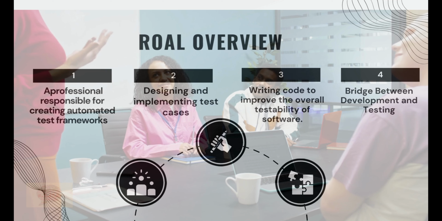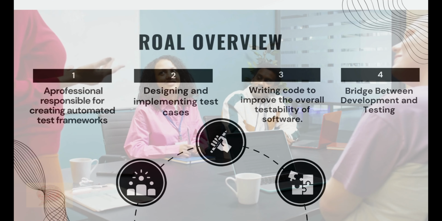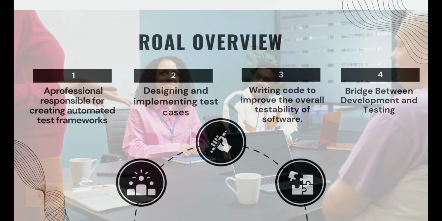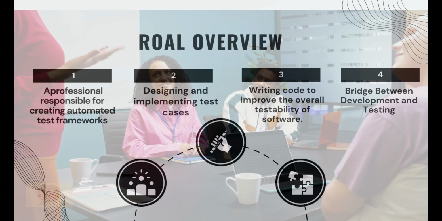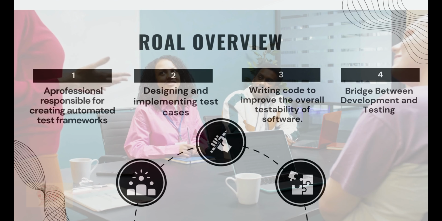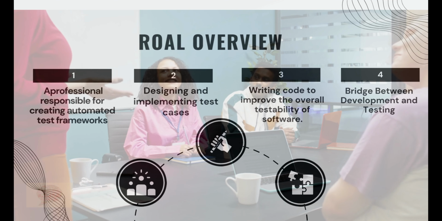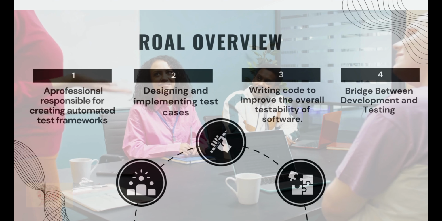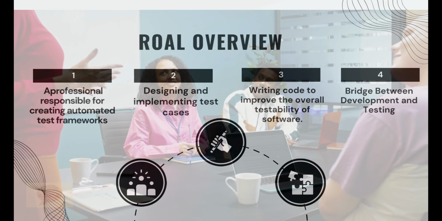It's obvious that if an SDET has the role of framework building or designing, they will have code writing skills. An SDET also plays an intermediary role between skilled developers and testers, working on both the development and testing phases. So they bridge the gap between development and testing.